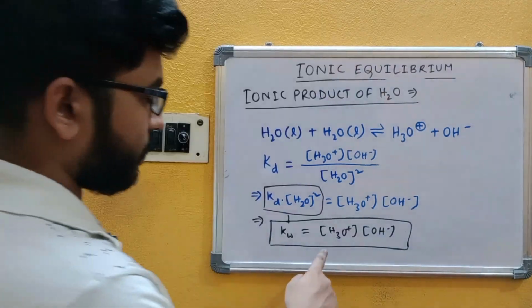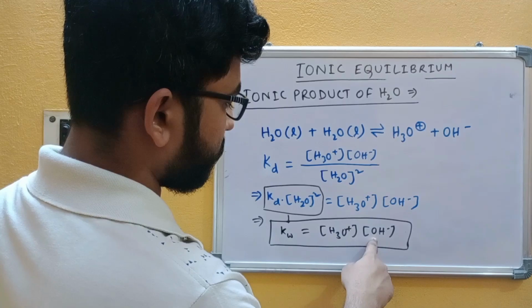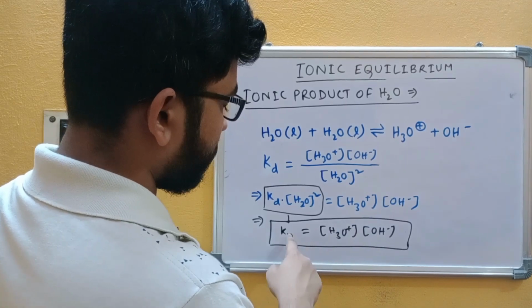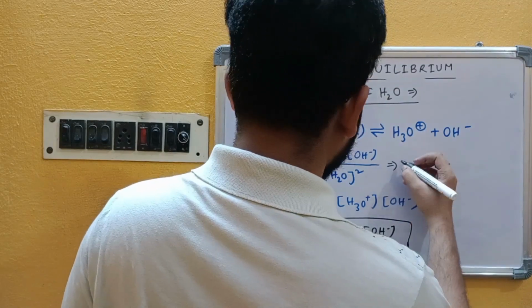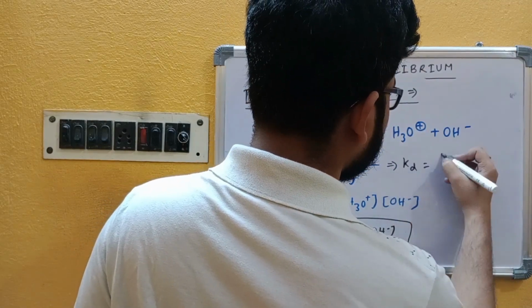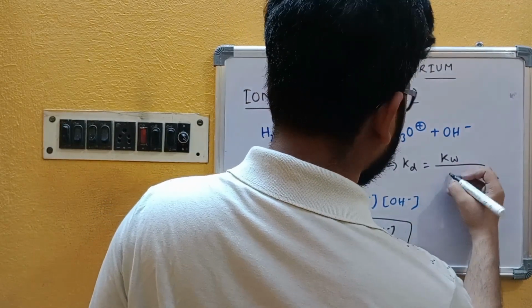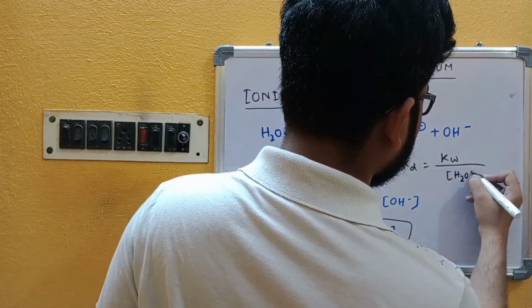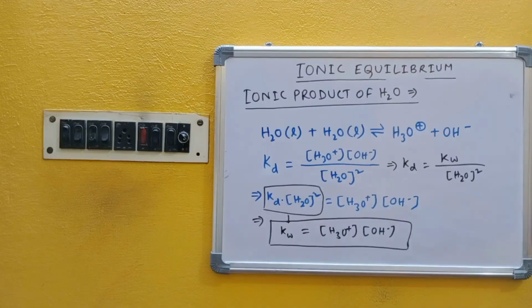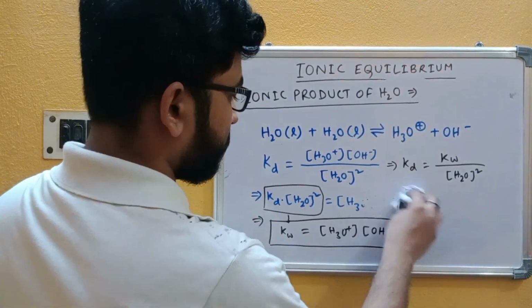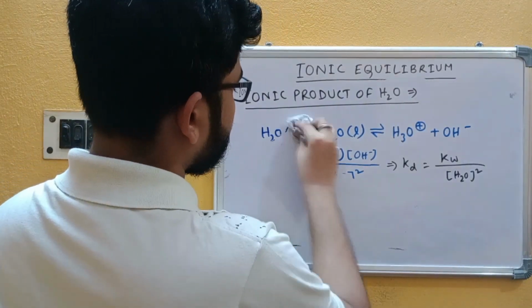So we put this value here and we get that Kd is nothing but Kw upon [H2O] whole squared.